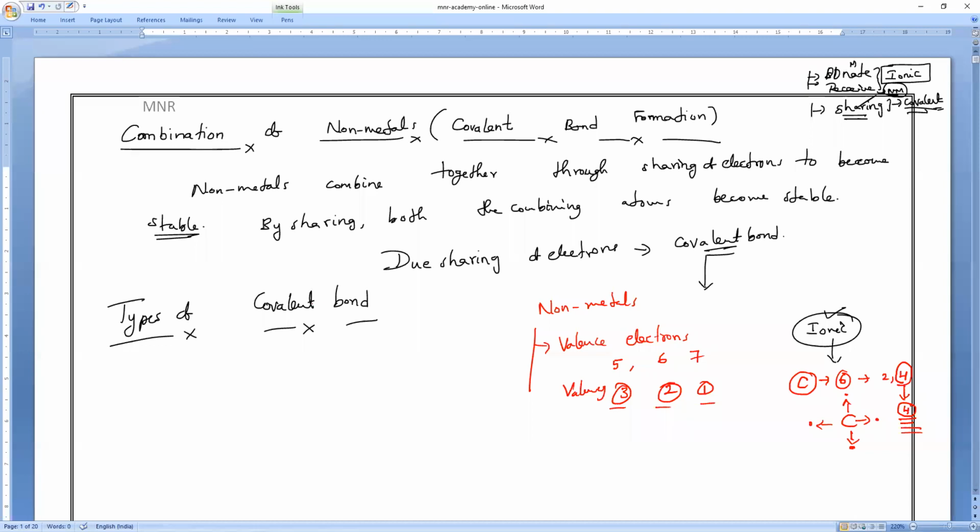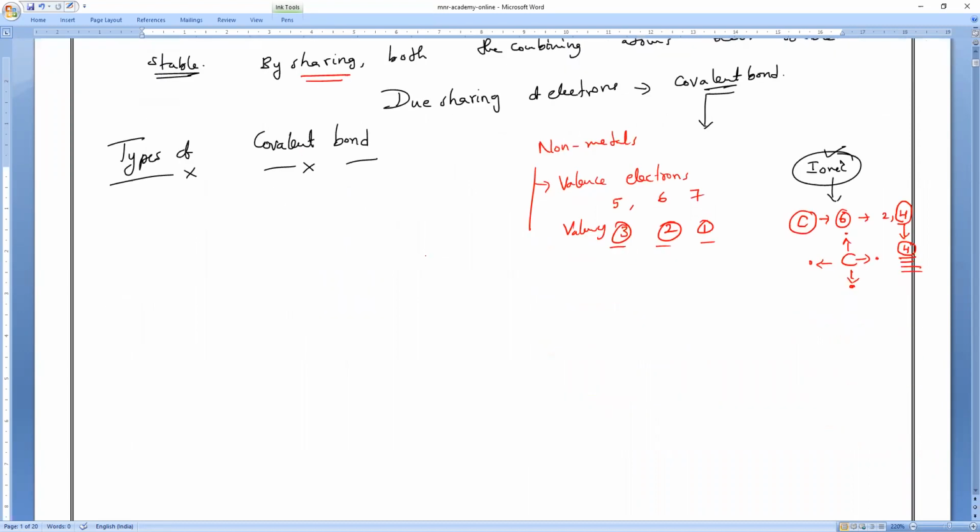So let us see the types of covalent bonds. Covalent bond is formed by sharing of electrons. Depending upon the number of electrons shared, covalent bonds are classified into 3 different types. The first is the single covalent bond.